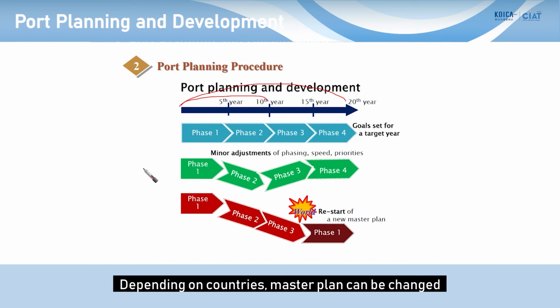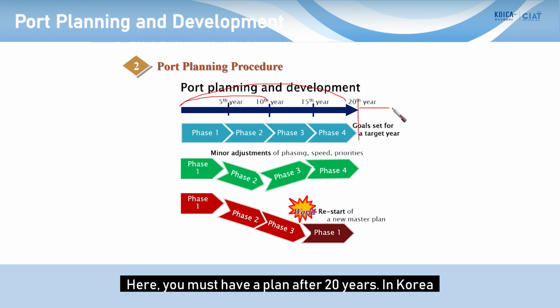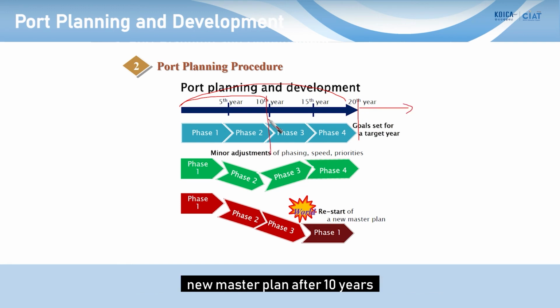Depending on the country, the master plan can be changed and modified every 5 years or every 10 years before the start of a new master plan. Here, a new master plan will start after 20 years. In Korea, we have a new master plan after 10 years. So during the process of the master plan, in the middle of that period, we have a chance to make a certain adjustment, correction and modification to the master plan.